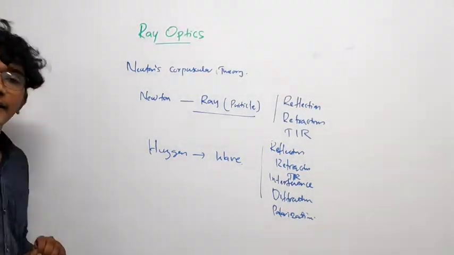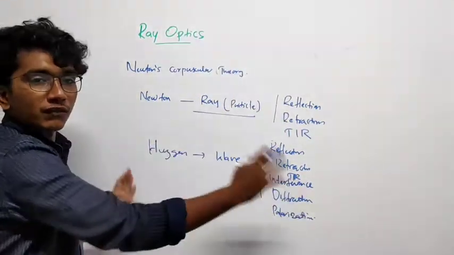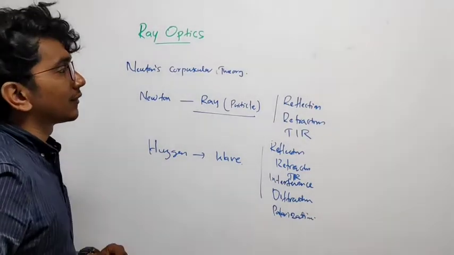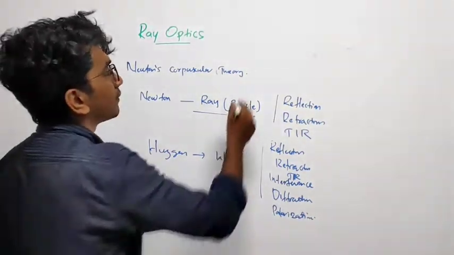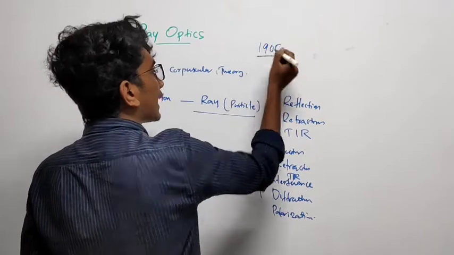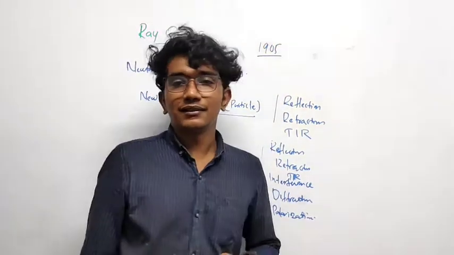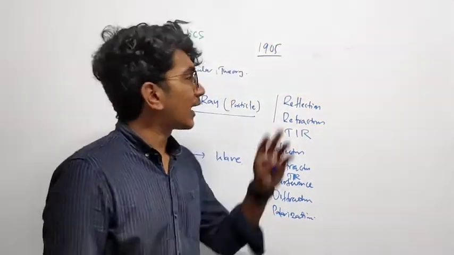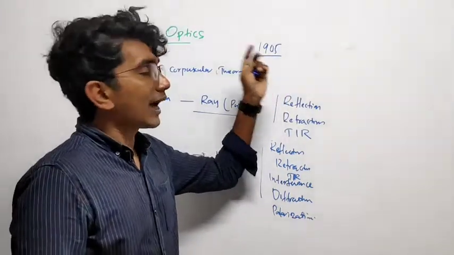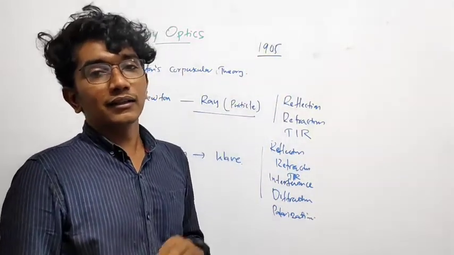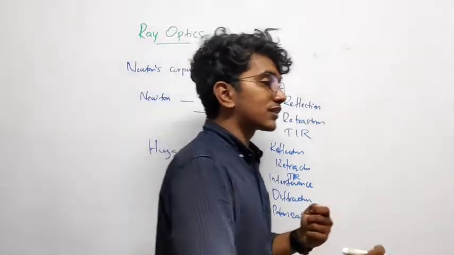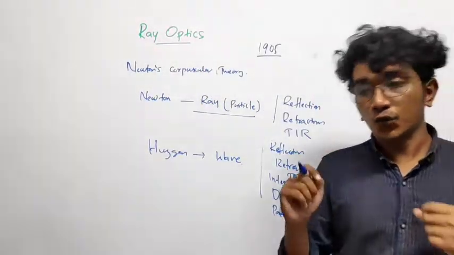One more thing: in 1905, who came? Einstein. The other genius, Einstein, came, and he worked on something, that is the photoelectric effect.